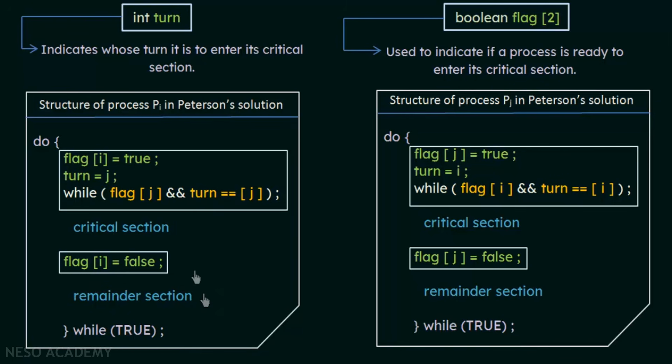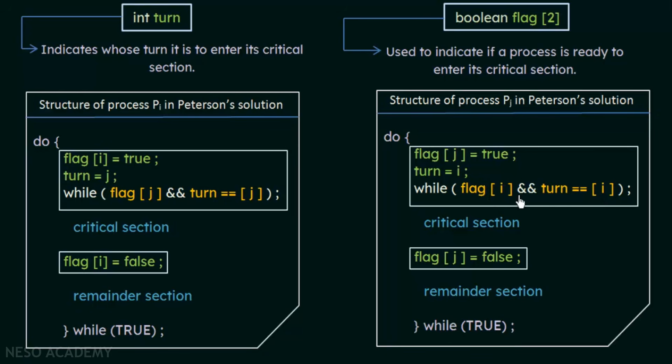Now at that time, let's see what happens to process pj. So pi has completed and it has set flag i equal to false. So here what happens? Flag i becomes false now. So flag i is false and turn is still equal to i. So this is true and this becomes false now. So when this becomes false and this becomes true, we see that there is an AND condition. So the whole of the while condition becomes false.